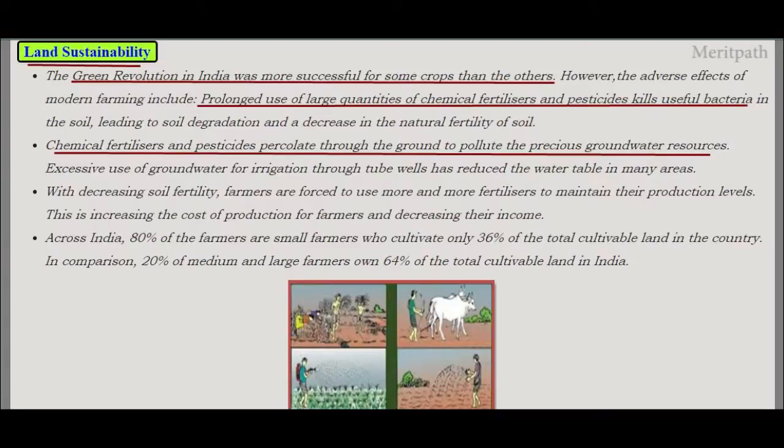Excessive use of groundwater for irrigation through tube wells has reduced the water table in many areas. And with the decreasing soil fertility, farmers are forced to use more and more fertilizers to maintain their production levels, and this is increasing the cost of production for farmers and decreasing their income.